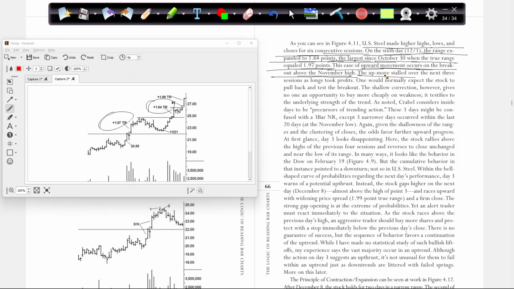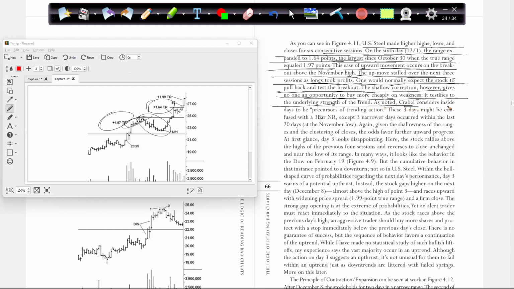The up move stalled over the next 3 sessions as longs took profits here. One would normally expect the stock to pull back and test the breakout. The shallow correction, however, gives no one an opportunity to buy more cheaply on weakness. It testifies to the underlying strength of the trend.